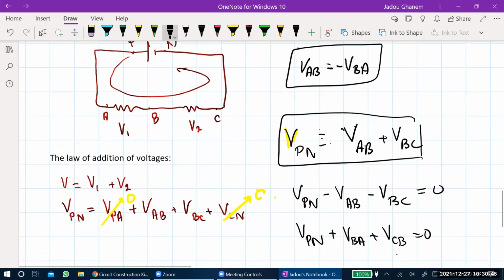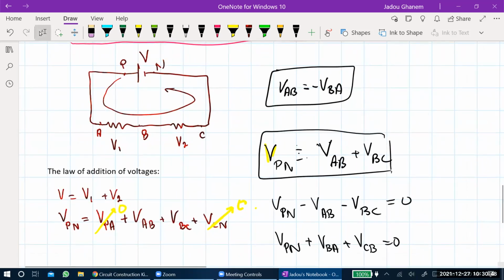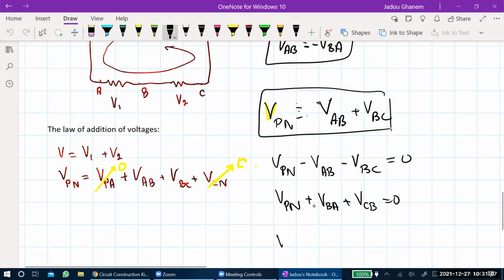If we take a look at the circuit, we started from point P to point N. Are you following me at the circuit? Okay, so we started from P to N, then from B to A, this one, BA, then from C to B, we can exchange the names. So we can just write it like this: VPN plus VCB plus VBA. We exchanged the position of both, okay?